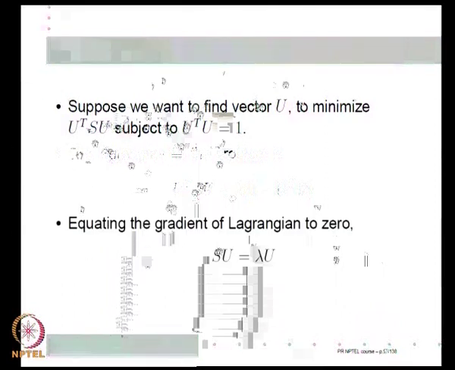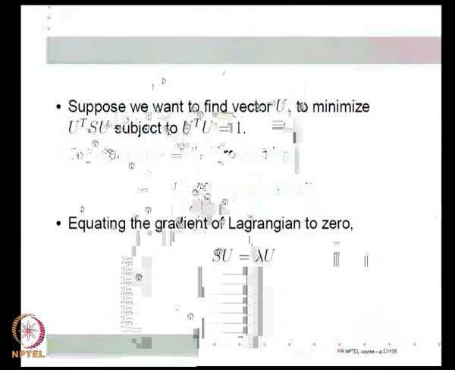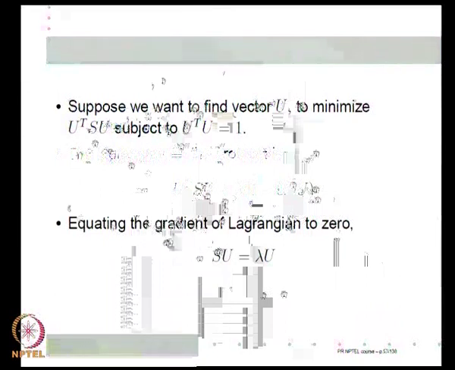What I am trying to find is u, so I am optimizing with respect to the vector u. So, the gradient with respect to u gives me S u, the 2 will go away from both sides, and on this side I will get minus lambda u. So, equating the gradient to 0, we get S u is equal to lambda u. What is this equation? u is a vector, S is the given matrix.